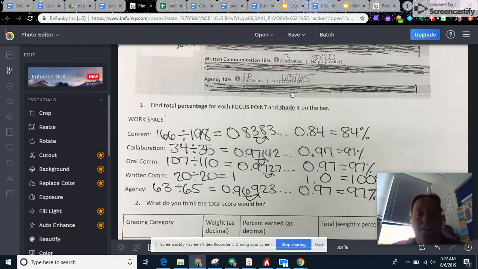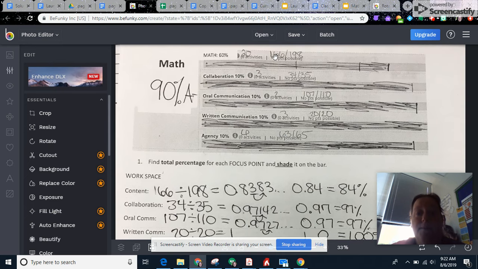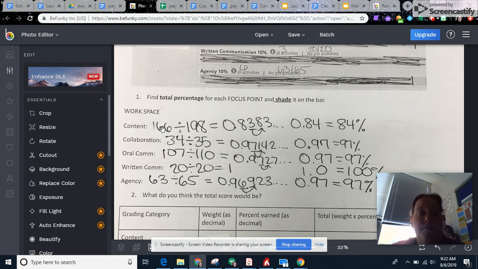So when you look down here in the workspace, in order to find a percent, think of the fraction as a division problem. So instead of thinking 166 out of 198, think 166 divided by 198. When you take 166 divided by 198, feel free to use a calculator. You get 0.8383 and so on.